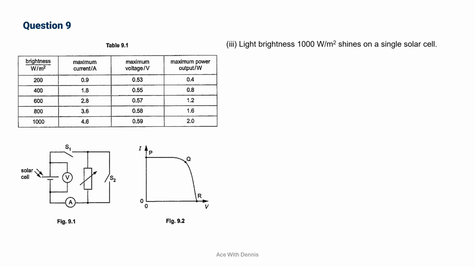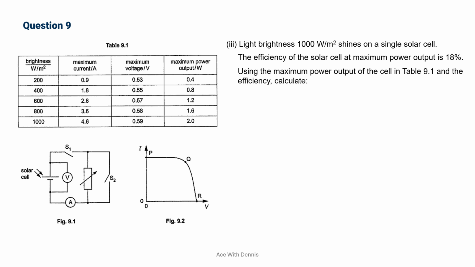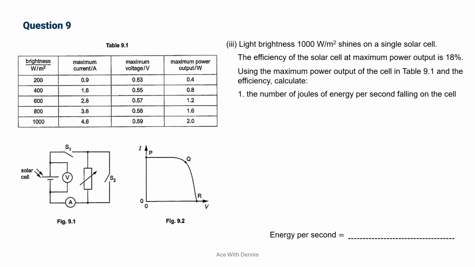Part 3. Light brightness 1000 watt per meter square shines on a single solar cell. The efficiency of the solar cell at maximum power output is 18%. Using the maximum power output of the cell in table 9.1 and the efficiency, calculate 1.